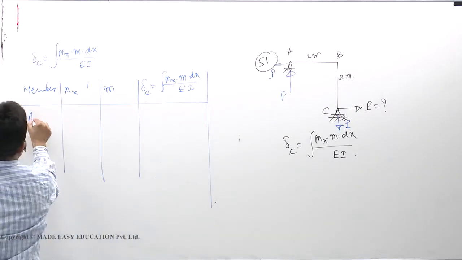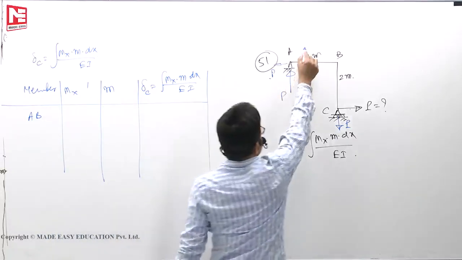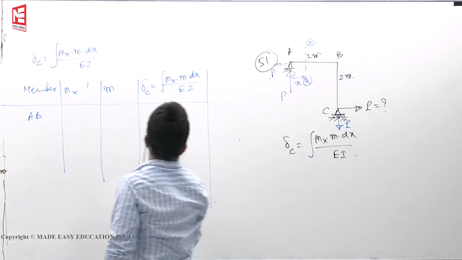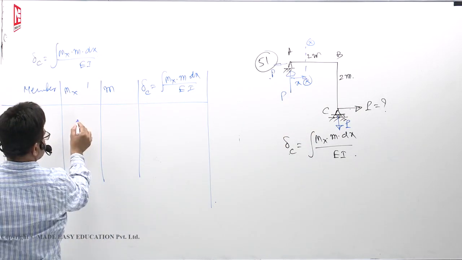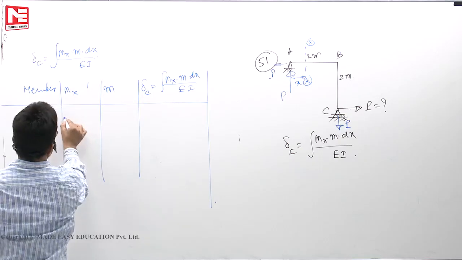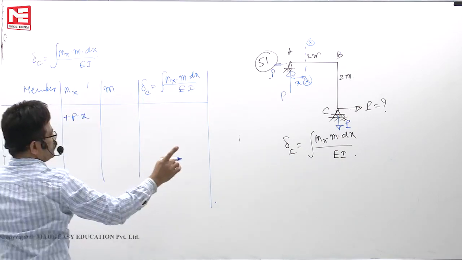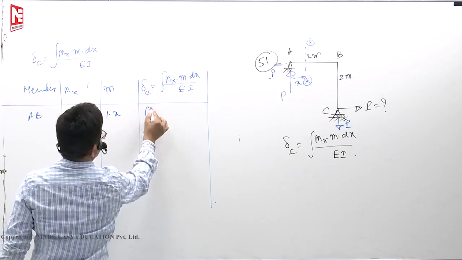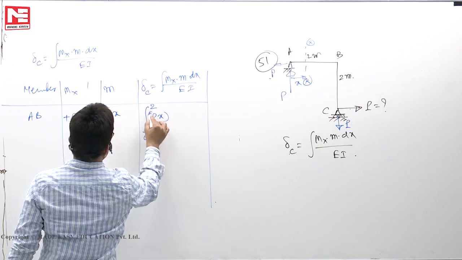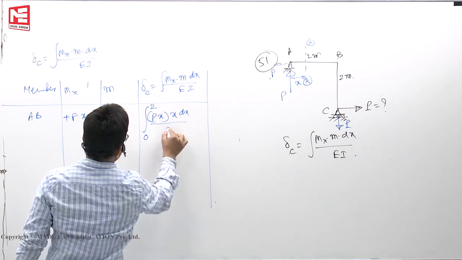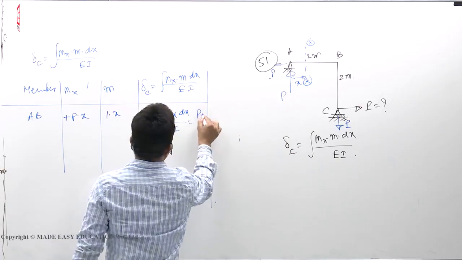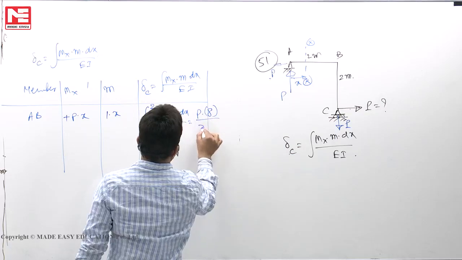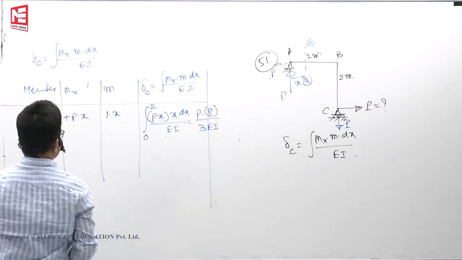First we take member AB. Mx, stand here at a distance of x. So mx means P into x, upward forces, so plus P into x. If you apply 1, then 1 into x. So integral of 0 to 2 meters Px into x dx by EI. So P into x cube by 3, x means 2 cube by 3. P into 8 by 3EI.